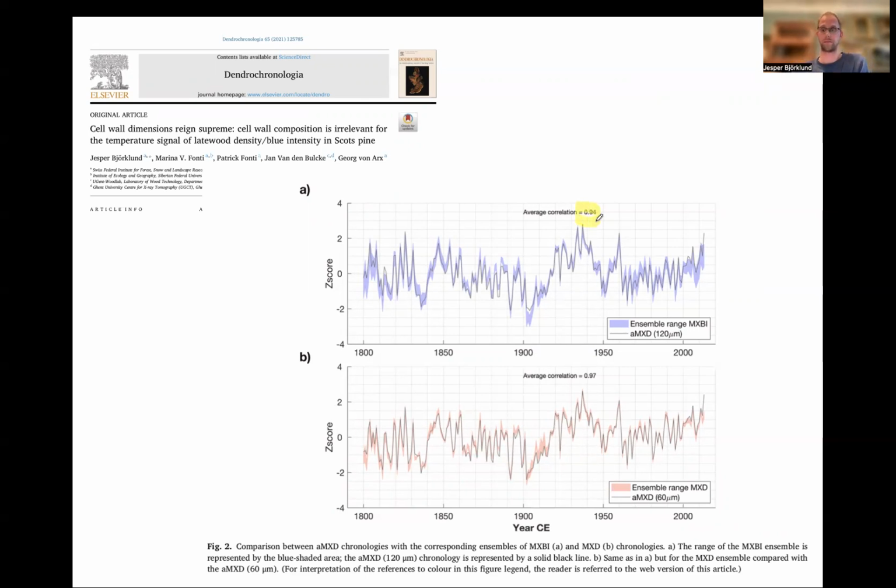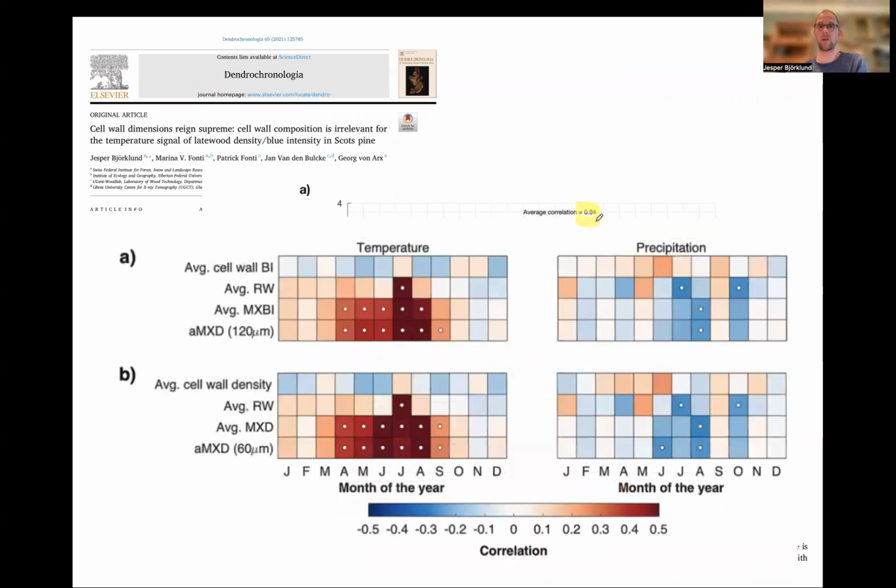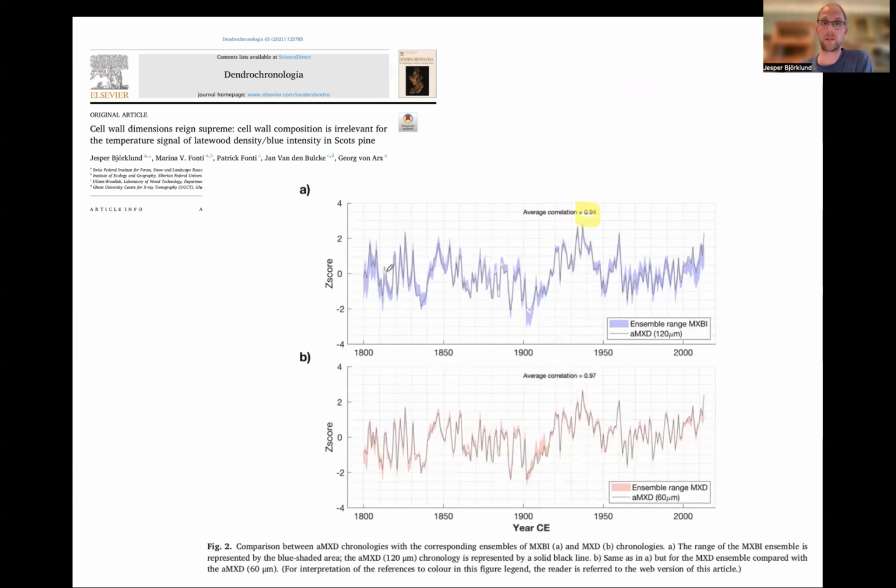When we subtract the wood anatomical density in black from all the blue curves here, we should end up with a parameter which is sort of cell wall color or cell wall BI, because the difference between the two is the cell wall color, as I explained earlier.